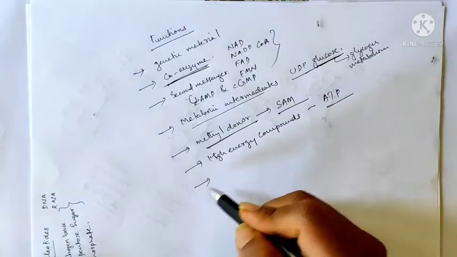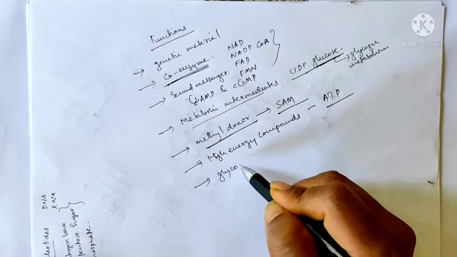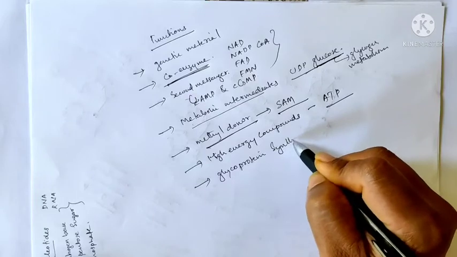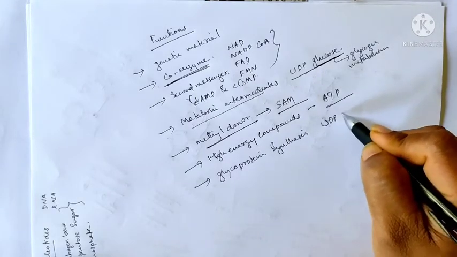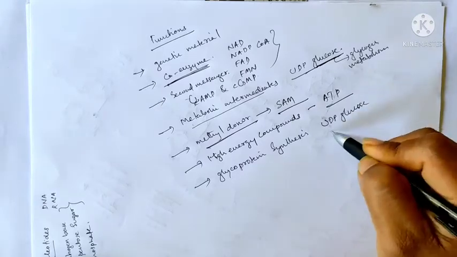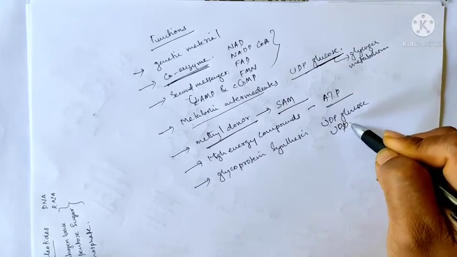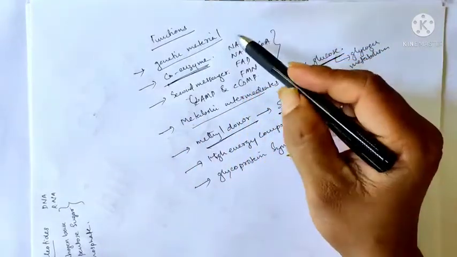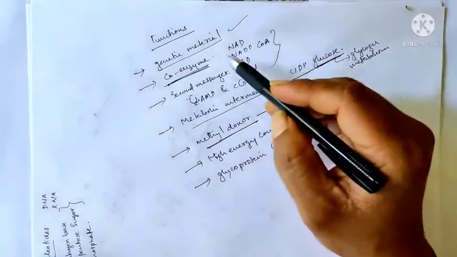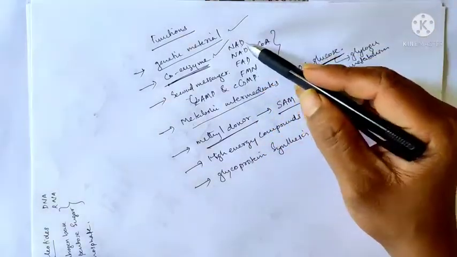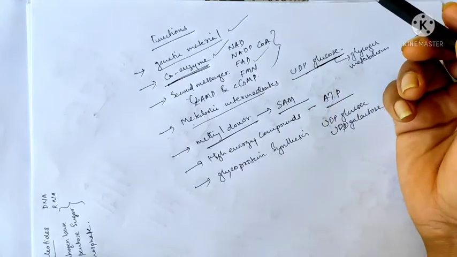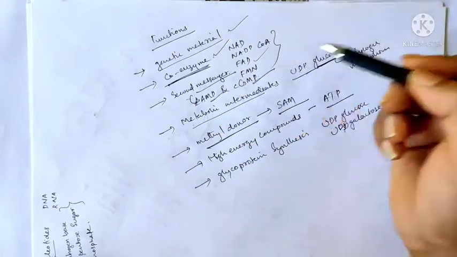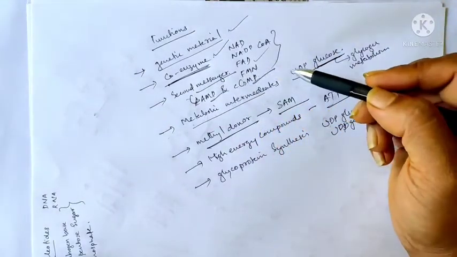Then again it takes part in glycoprotein synthesis, for example UDP glucose, UDP galactose, etc. So it acts as a part of genetic material. Then it's a part of coenzymes, for example NAD, NADP, FAD, FMN, coenzyme A. Then cyclic AMP and cyclic GMP act as second messengers for many hormones.